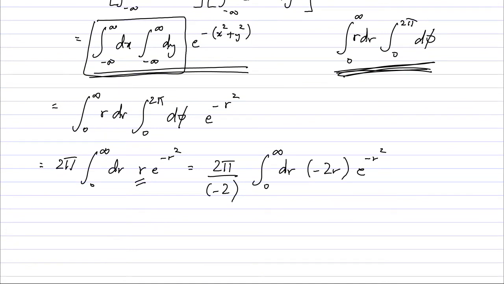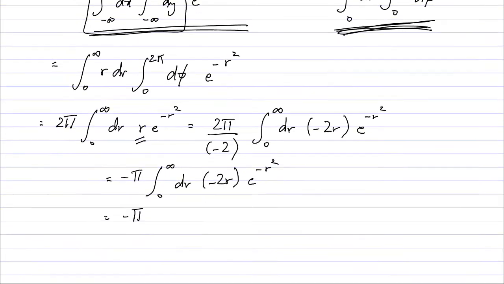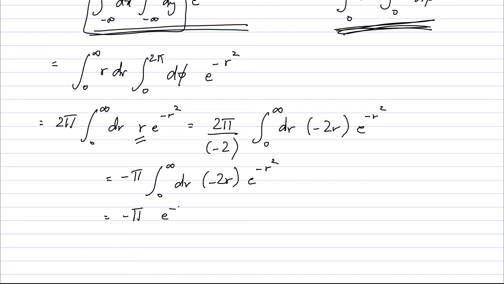So you have actually just multiplied and divided by minus 2. This gives you minus pi times the integral from 0 to infinity dr of minus 2r e raised to power minus r square. This thing is going to give you minus pi times e raised to power minus r square from 0 to infinity, because the derivative of e raised to power minus r square is e raised to power minus r square times minus 2r.